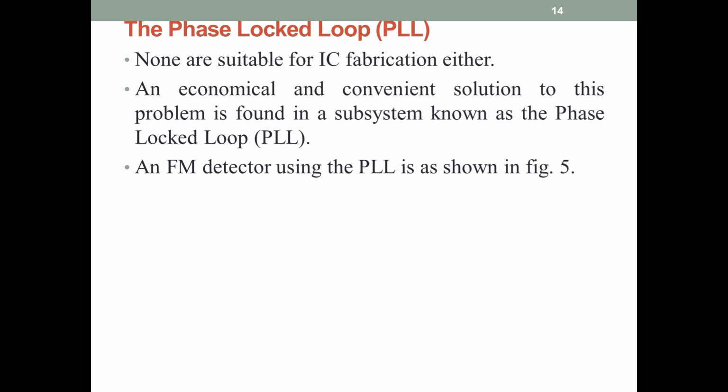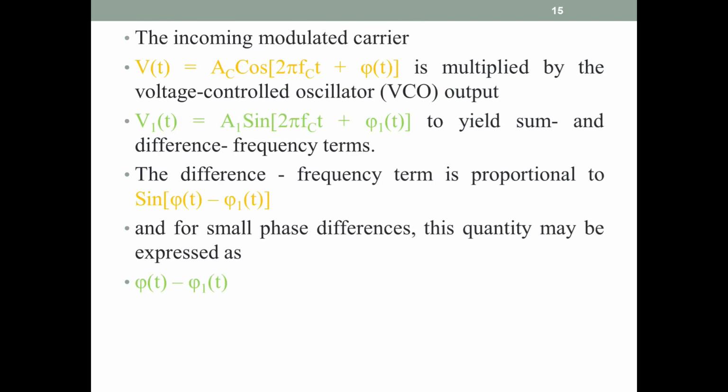An economical and convenient solution to this problem is found in a subsystem known as the phase locked loop. An FM detector using the PLL is as shown in Fig. 5.